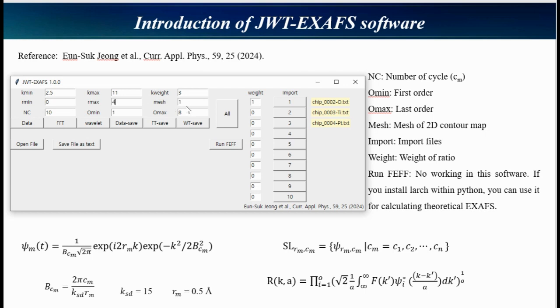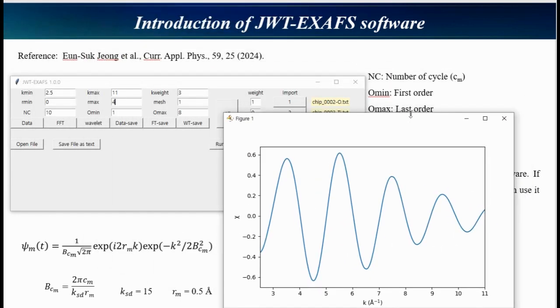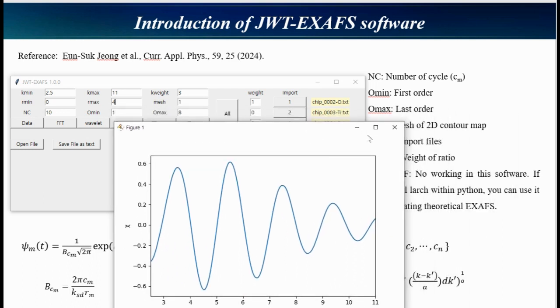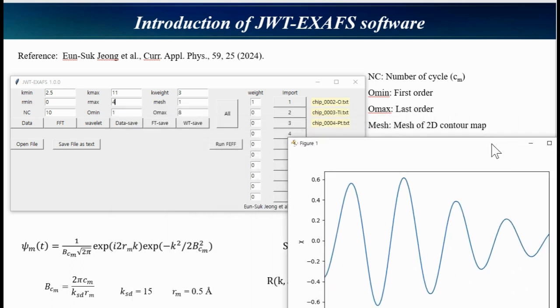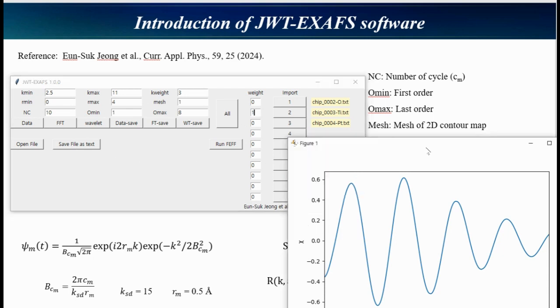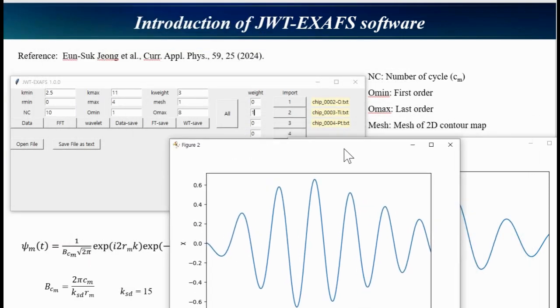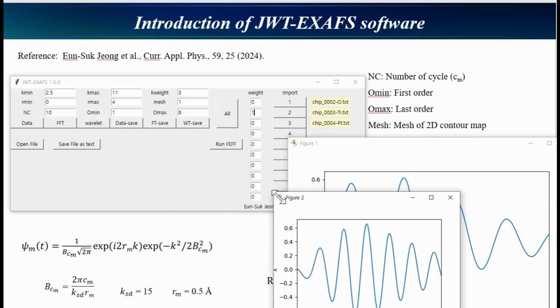So let's check the data: you click the data, and then you can see the graph. If you want to change the data, you change the weight. I change the weight of oxygen to 0, and also titanium to 1. Then click the data, so you can see the EXAFS in k-space. It's like that.